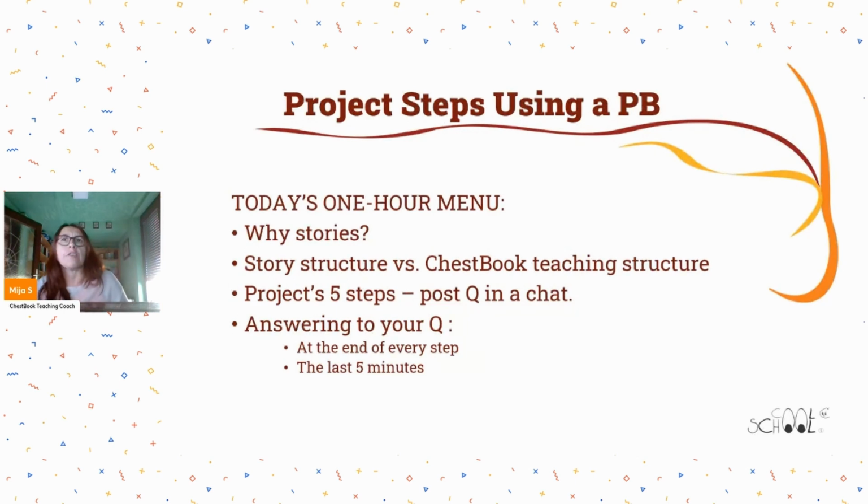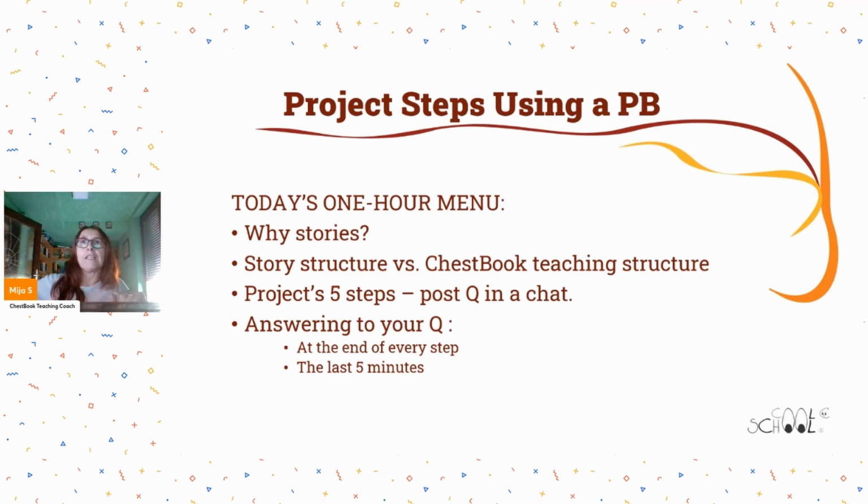First, we'll get the answer to the question, why stories? What is so special about stories to make such a big difference in children's knowledge when they learn? We'll talk about the parallel between the story structure on the one side, and the ChessBook teaching structure, which is the project approach I'm explaining to you right now. And after seeing this parallel, you might just start believing that what you're about to hear makes perfect sense.